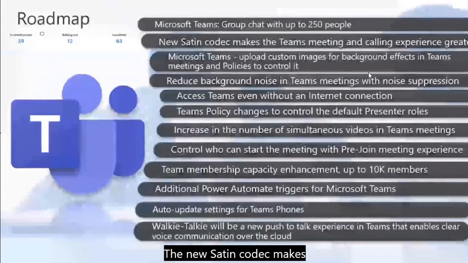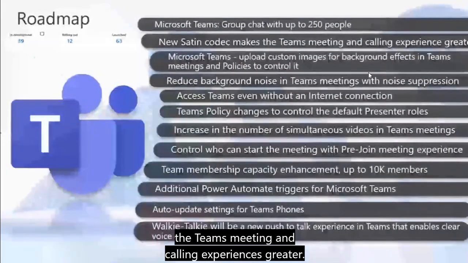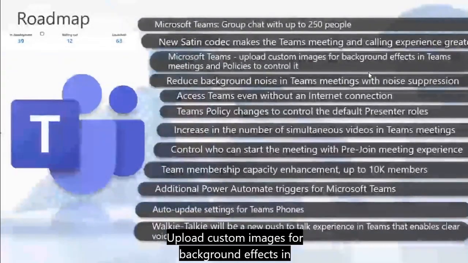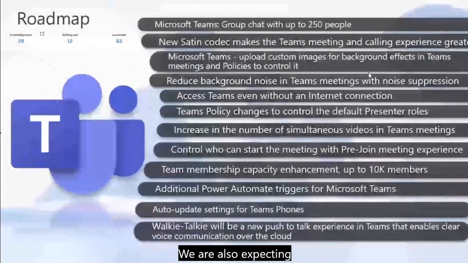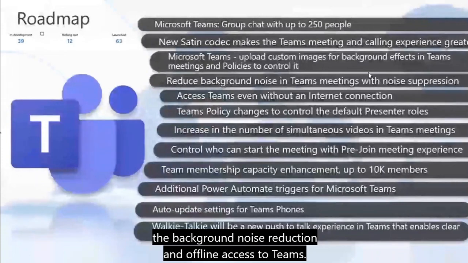The new Satin codec makes the Teams meeting and calling experiences greater. Upload custom images for background effects in Teams meetings, and policies to control it. We are also expecting the background noise reduction and offline access to Teams.